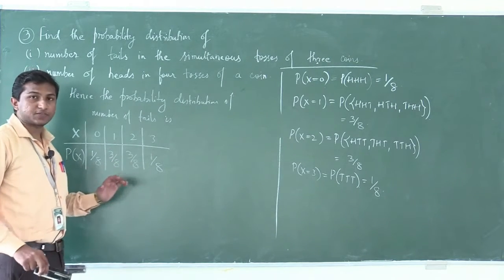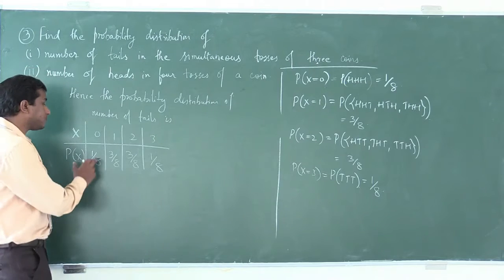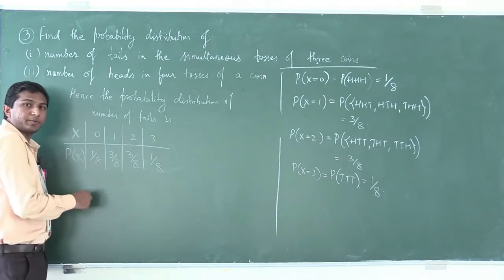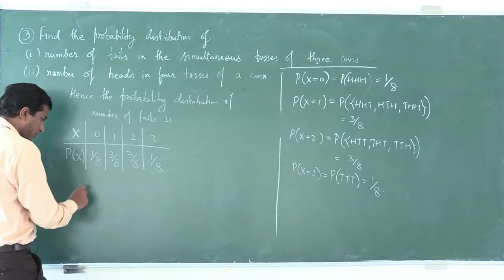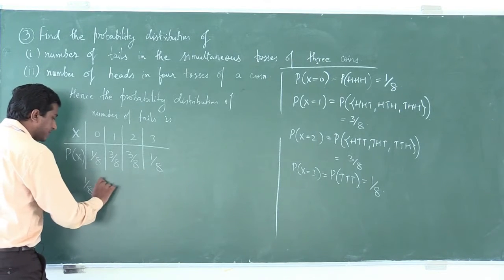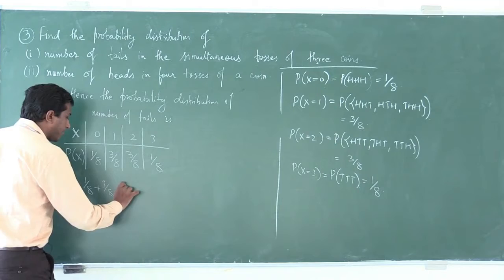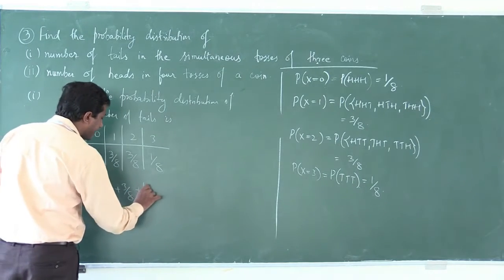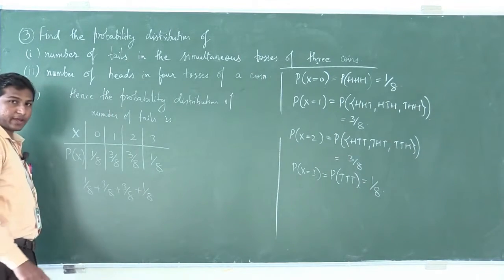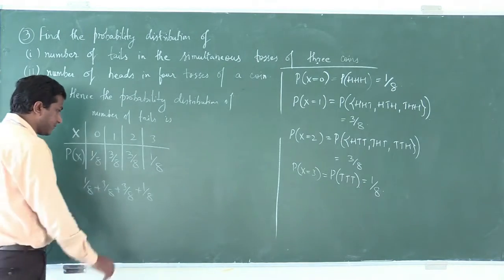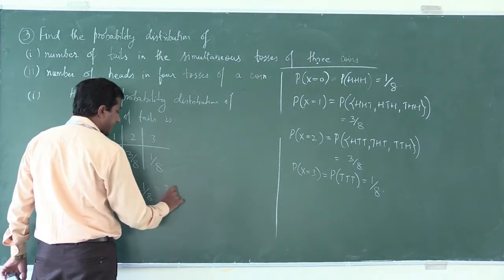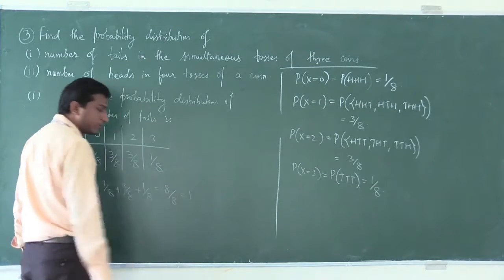First condition is satisfied. Second condition, when you add all the probabilities, it must add up to the number 1. So 1 by 8 plus 3 by 8 plus 3 by 8 plus 1 by 8. What do we get? 1 plus 3 is 4, 4 plus 3 is 7, 7 plus 1 is 8. 8 by 8 equals 1.